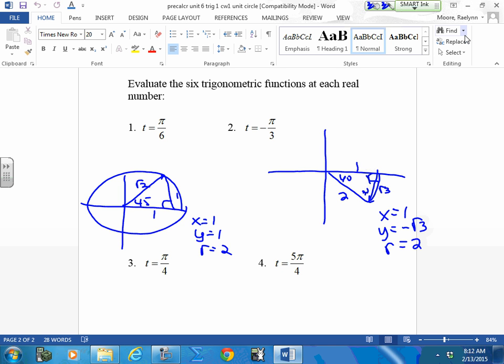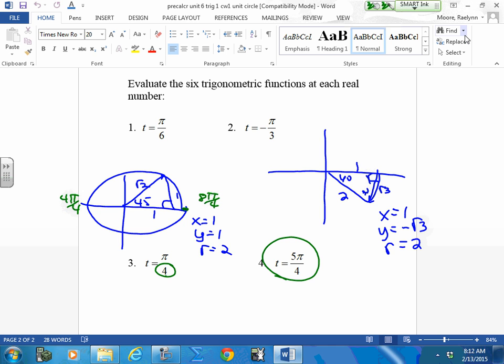This was quadrant 1, and we just filled this out in your chart. Now here's the difference for this guy. Again, use your patterns that we talked about yesterday. If this is a denominator of 4, this guy has to be 4 pi over 4. And what does this one have to be? 8 pi over 4.